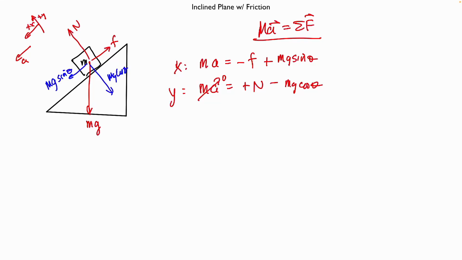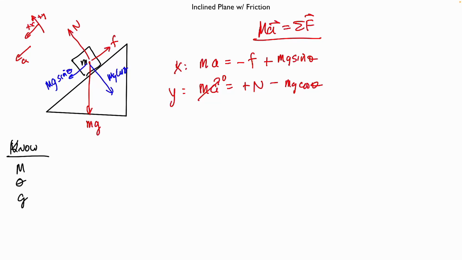Solve for the acceleration. How many unknowns? I've got two equations, right? How many unknowns are there? Well, let's assume that we know the mass. We know mass, we know theta. We know, of course, little g.